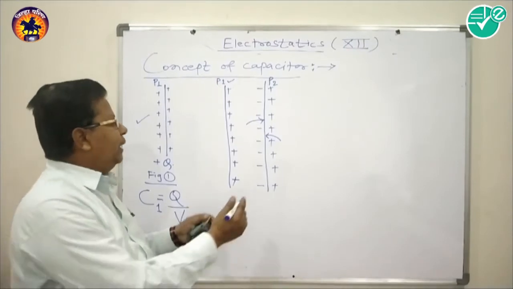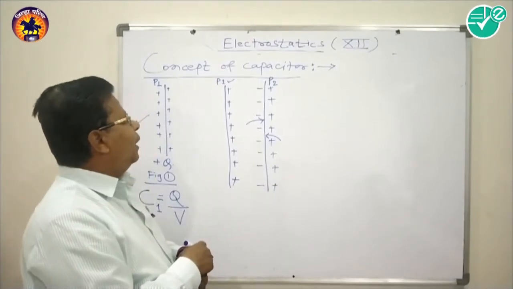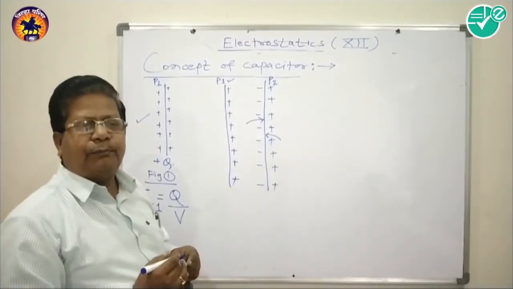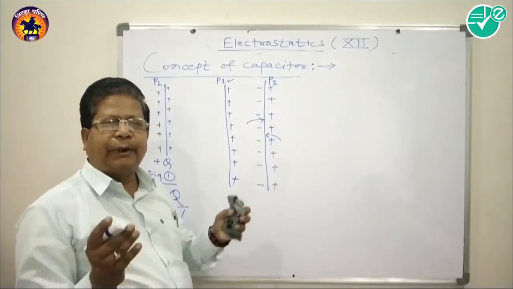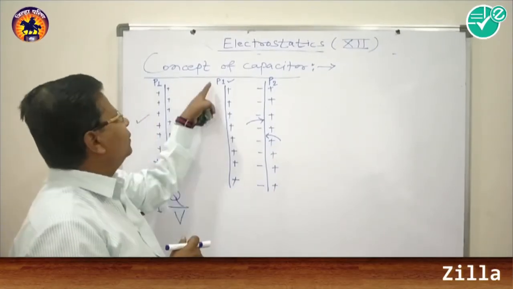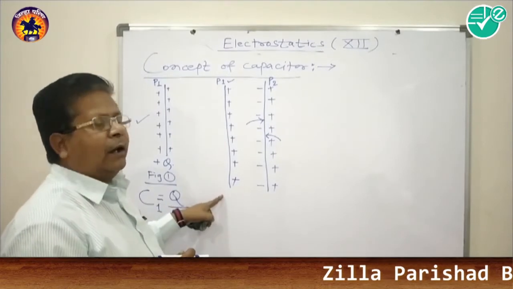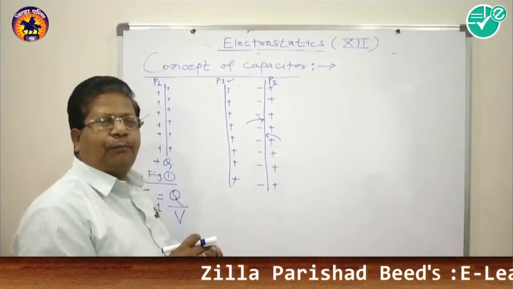So due to induction, charges are induced if another metal plate is brought or kept near the charged conductor plate P1.